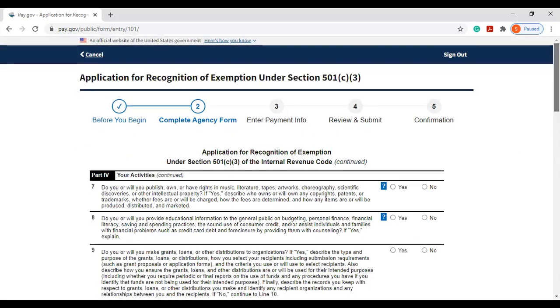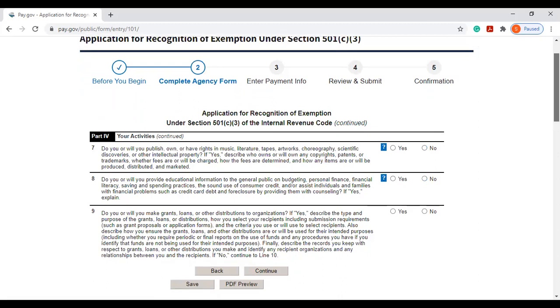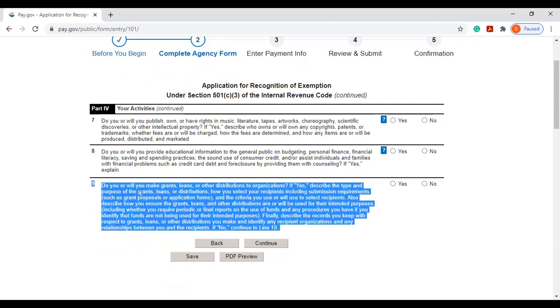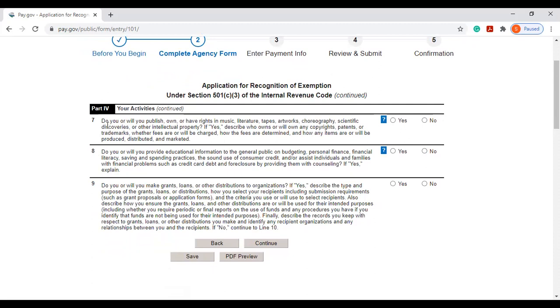Guess what? We're not done. Part 4 continues again. Part 4, your activities continue. Now, this section deals with questions 7, 8, and 9. So let's take a look. Question 7, do you or will you, your organization, not you, own, publish, or have rights in music, literature, tapes, artworks, choreography, scientific discoveries, or other intellectual properties?